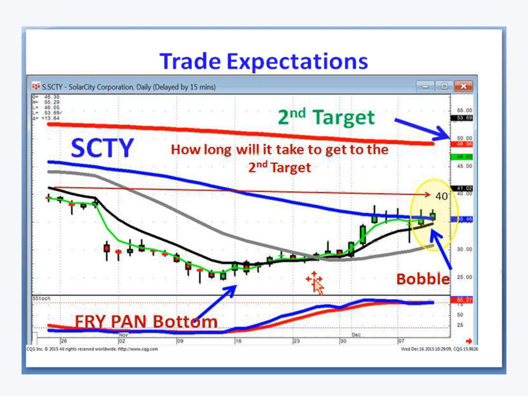So if we see a fry pan bottom, we've got a bobble, and we've got something that tells us this is the exact time to be buying, we've got targets that we can be looking for to tell us whether the magnitude of the move is going to be at the right place at the right time.